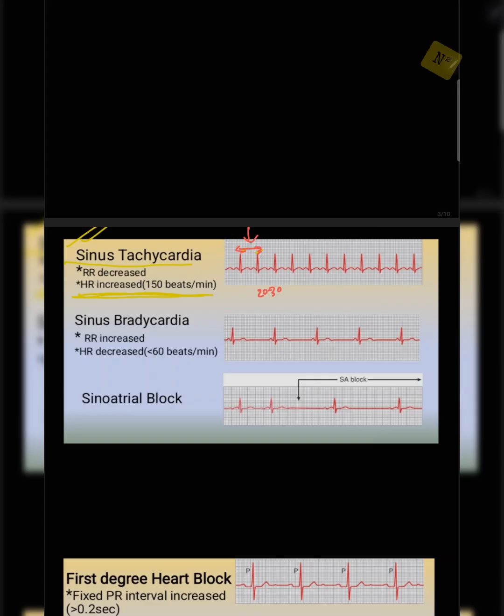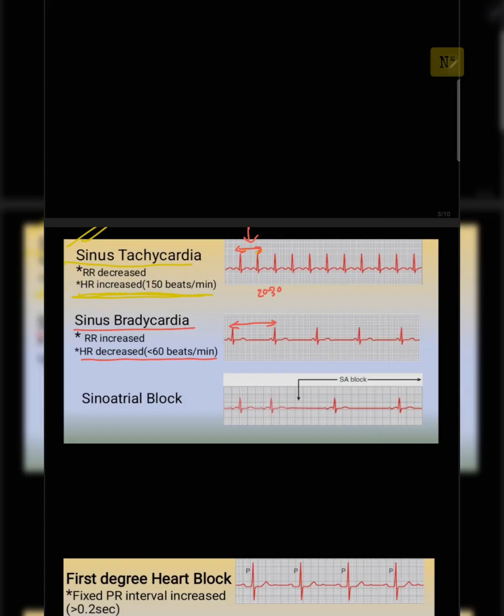Sinus bradycardia: there will be increased latency in the transmission of the conduction. Here the heart rate will decrease to less than 30 beats per minute, so you will get the RR interval prolonged compared to normal.